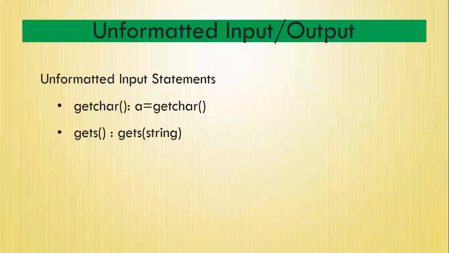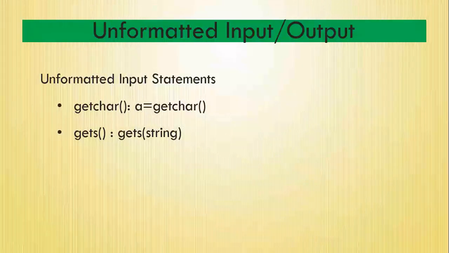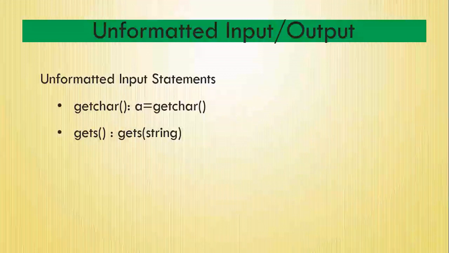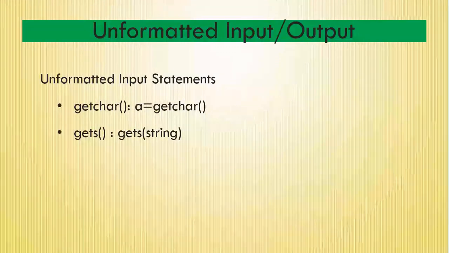getchar function. The getchar function returns a character just entered from the standard input unit, that is the keyboard. The entered character can be either assigned to a character variable or echoed to the computer screen. The Enter key must be pressed after typing the character. The syntax of the function getchar is shown in the slide.